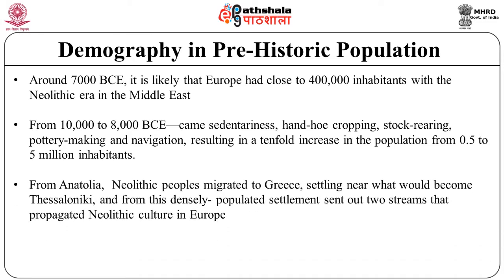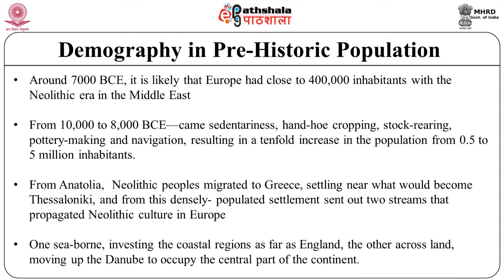From Anatolia, Neolithic people migrated to Greece, settling near what would become Thessaloniki, and from this densely populated settlement sent out two streams that propagated Neolithic culture in Europe. One was sea-borne, investing the coastal region as far as England, the other across land, moving up the Danube to occupy the central part of the continent.